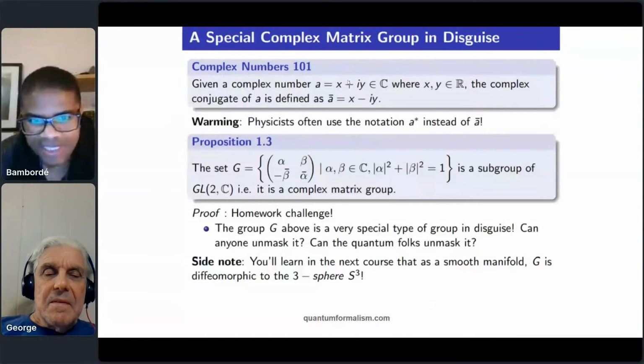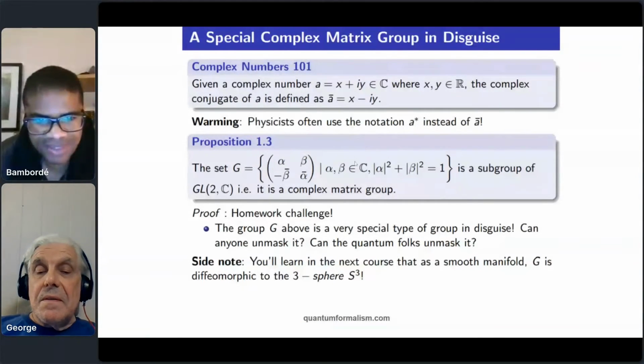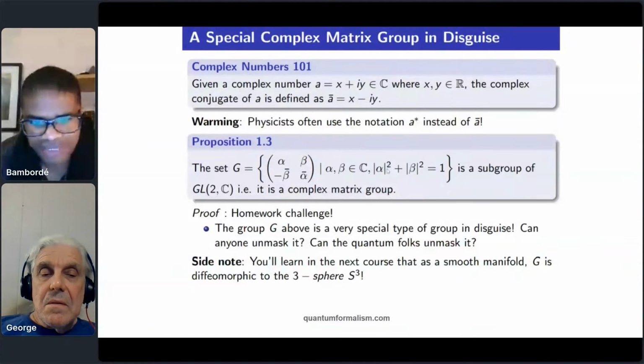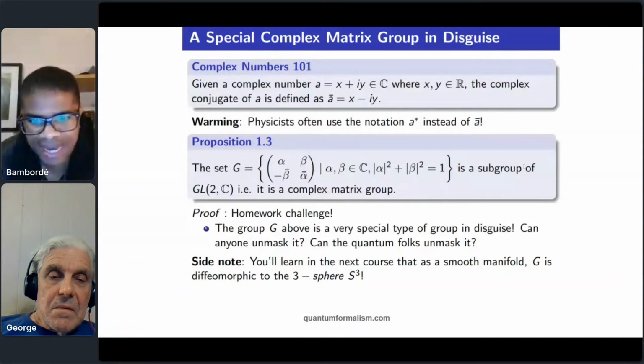Now that we have this kindergarten refresher about complex numbers, let's build this set, made of these 2x2 matrices, with these properties, where alpha, beta are complex numbers. So the claim is that this is a subgroup of the general linear group of 2x2 complex matrices.